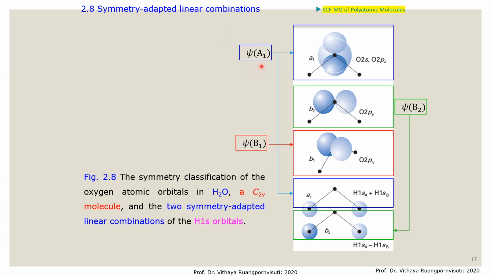These are A1, B2, and B1 molecular orbitals. They are a combination of the atomic orbitals for the oxygen, but for the hydrogen the symmetry adapted linear combinations are used.